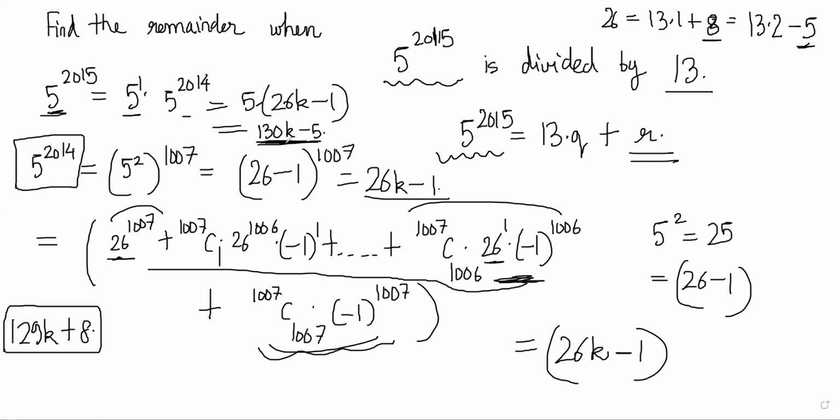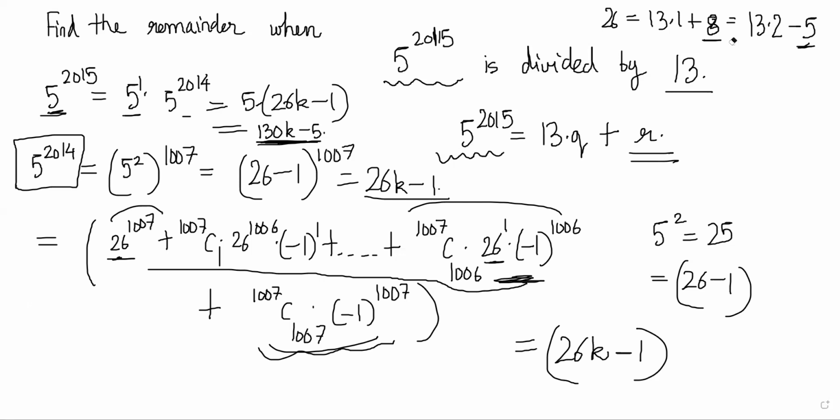If it is 130k minus 5, it can be written as 129k plus 8, because it is above 129k but below 130k, right? So the remainder, this part is divisible by 13, remainder is -5.